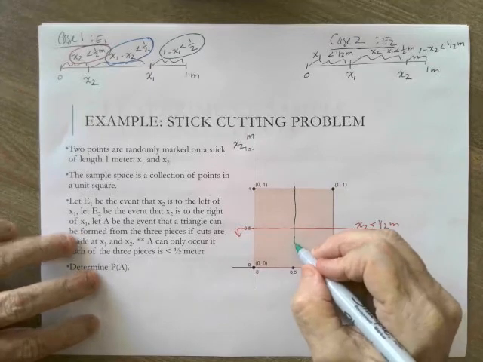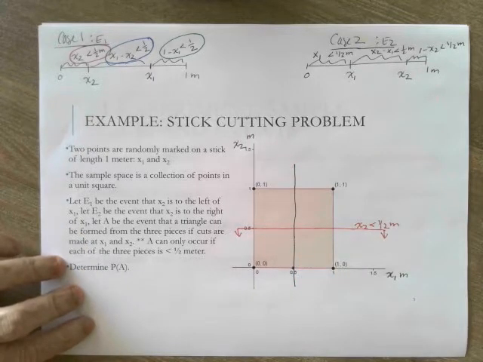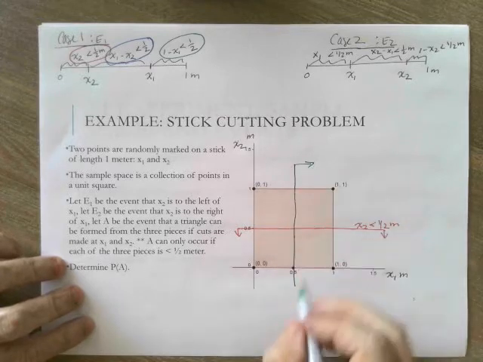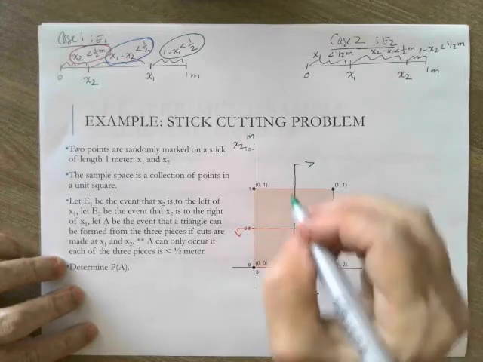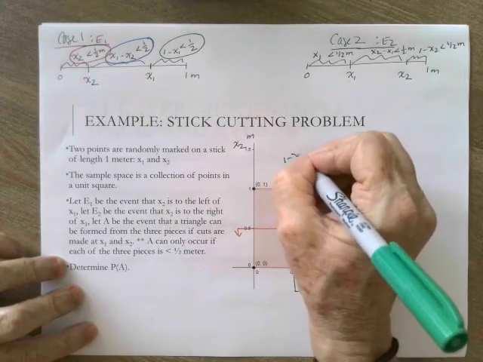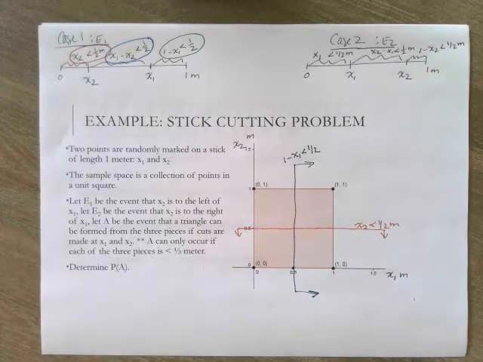Oh, it's not the straightest line I ever made. So this region is 1 minus x1 less than a half, and you can rearrange those terms to see that x1 has to be bigger than a half.